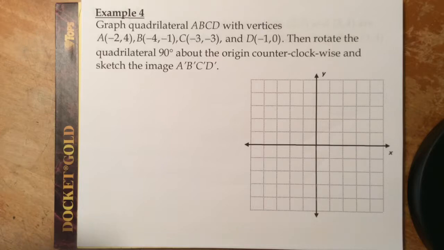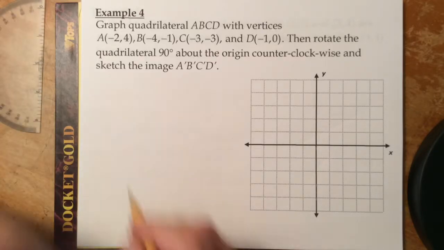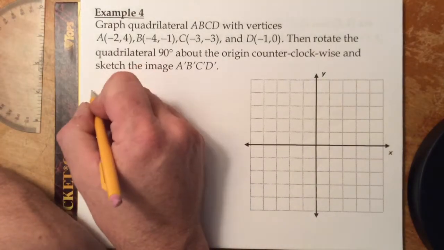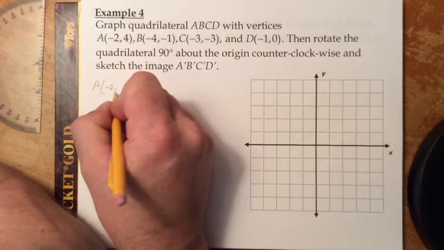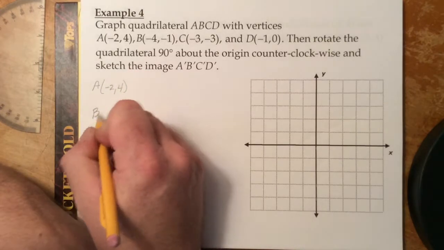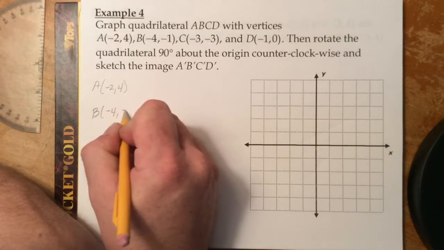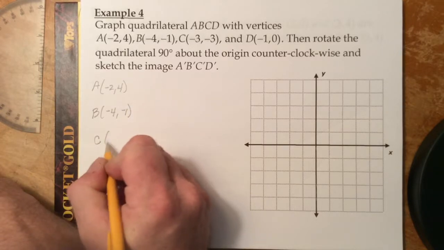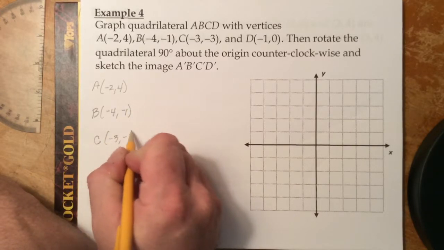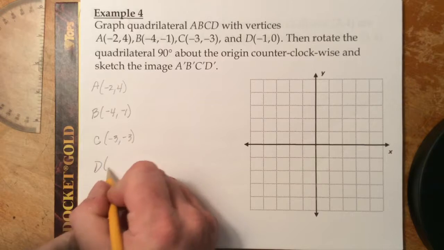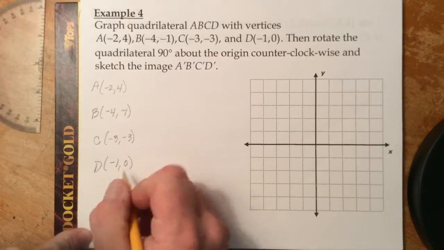Okay, first of all, we graph the coordinates for points A, B, C, and D. Let's go ahead and get these on here. C, -3, -3, and D at -1, 0.